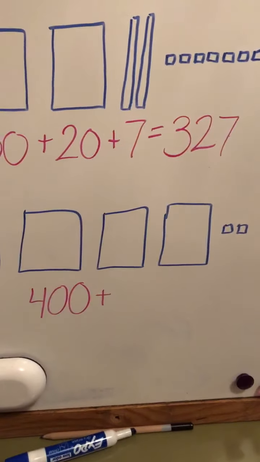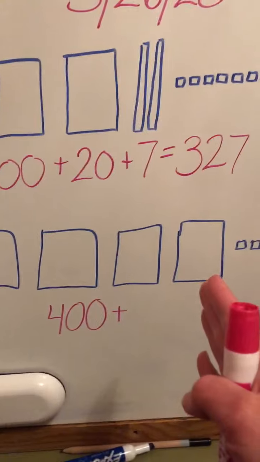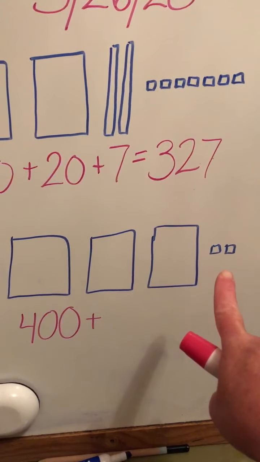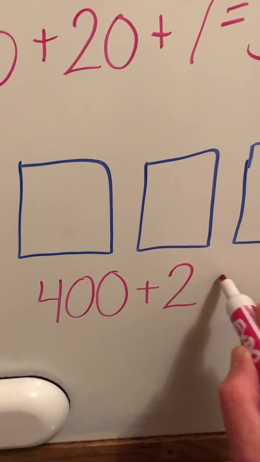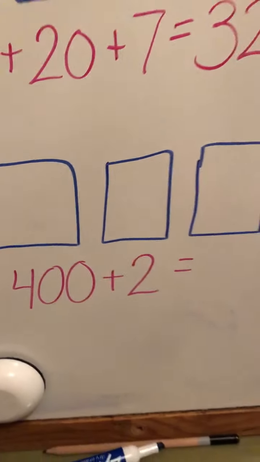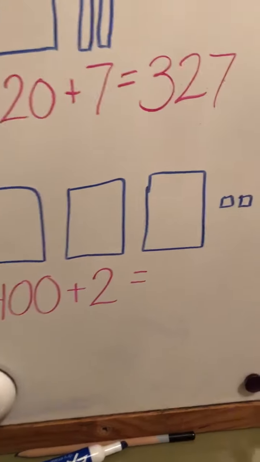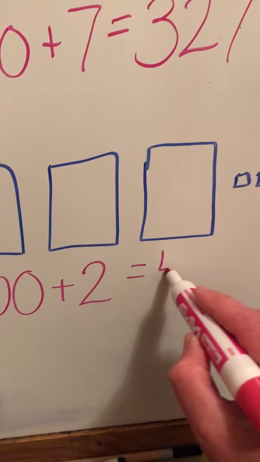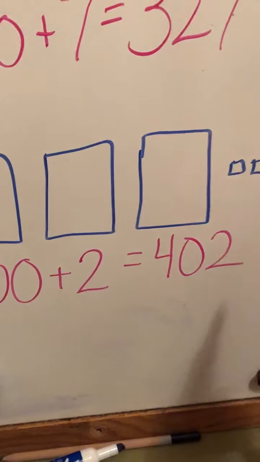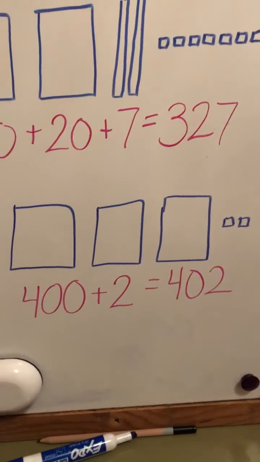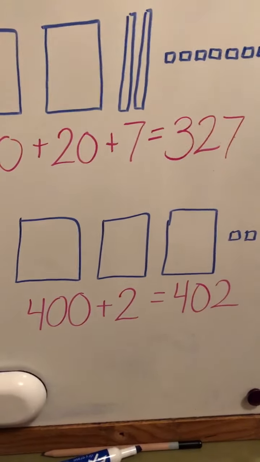Or you can just write what you have, 400, and then how many unit cubes? 2, okay? Equals, all right, we have 400, no tens, and 2 ones. And that is how we write the number 402.